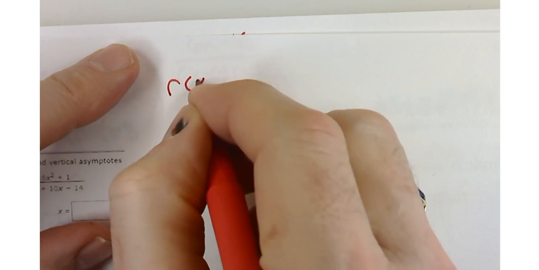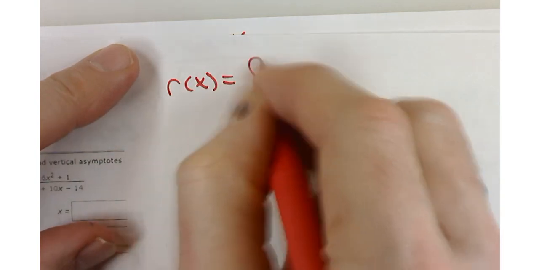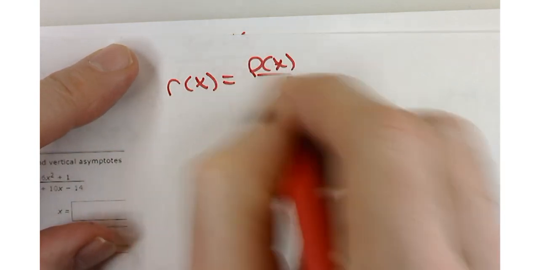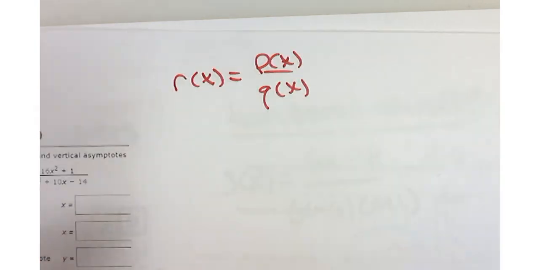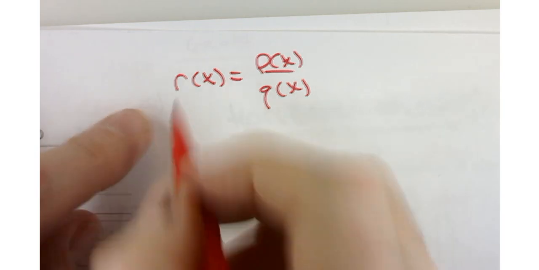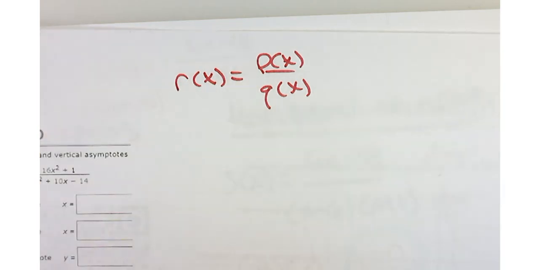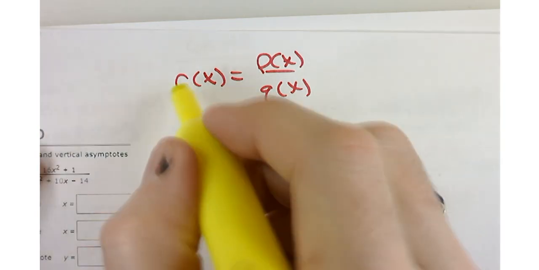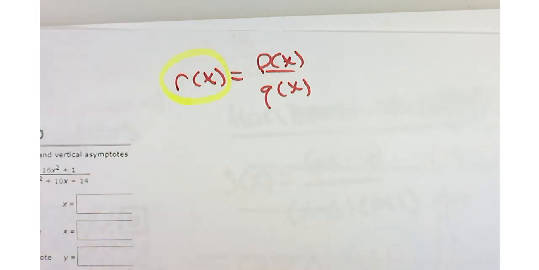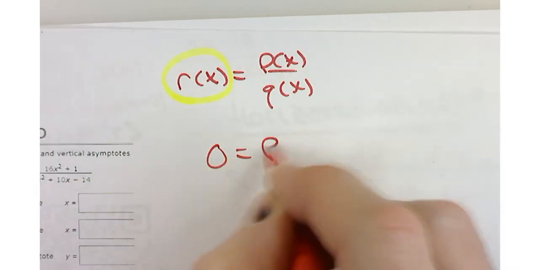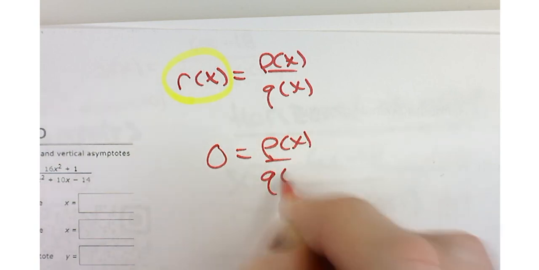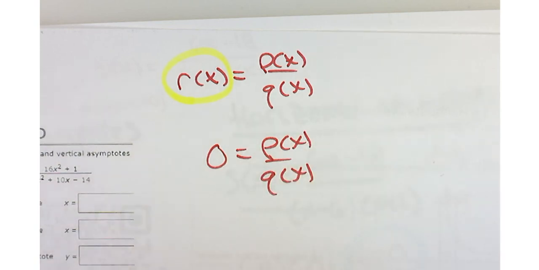We've got r of x equals p of x over q of x, and I want to know, as you said, the x-intercepts. That means effectively setting our y equal to 0. That is our y. So you get 0 equals p of x divided by q of x. Now you have to solve this.